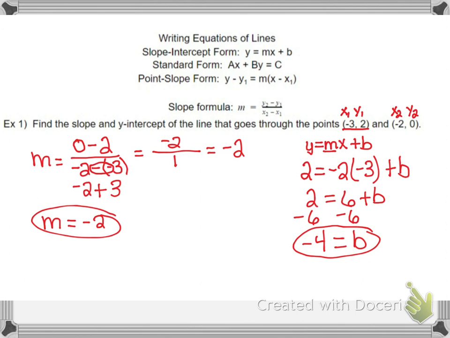Now the question didn't tell us to do this, but if you were asked to write the equation, then you would just plug it all in. You would do y is equal to -2x minus 4. So that would be your equation in slope-intercept form that passes through the 2 points given.